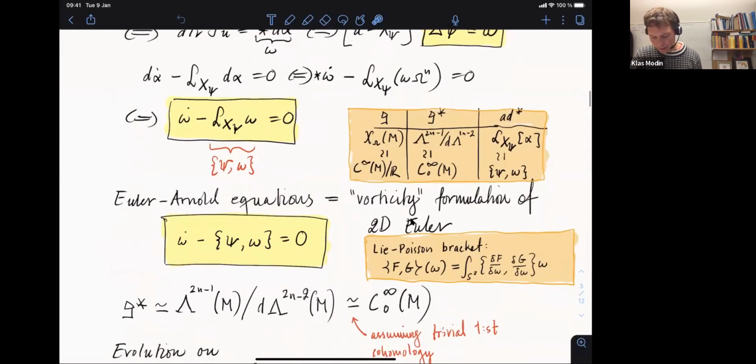And the other thing that I didn't say is, there's a Poisson bracket coming out here. This is a Poisson bracket on the finite dimensional manifold, so on M, right? How is it related to the Lie-Poisson bracket on the infinite dimensional dual of the algebra? Okay, it's related like this.